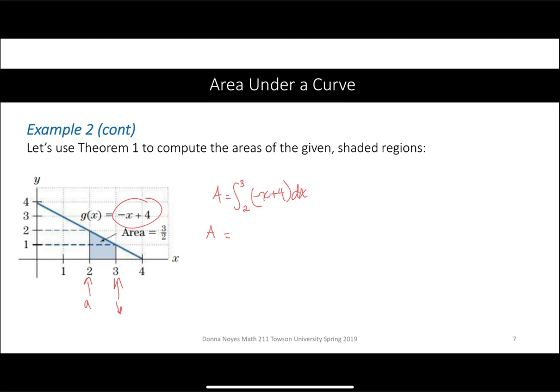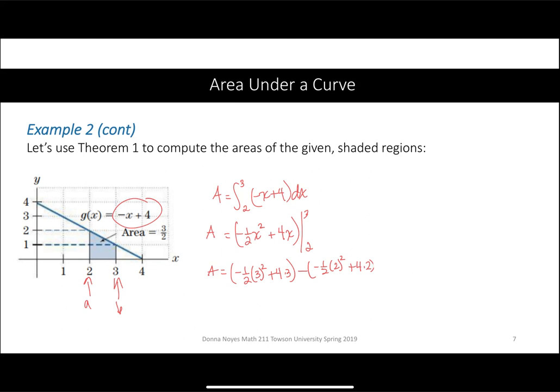Well, negative x came from a negative 1/2 x squared, and 4 came from a 4x, and we want to evaluate that new function from x equals 2 to x equals 3. So we end up with negative 1/2 times 3 squared plus 4 times 3 minus negative 1/2 times 2 squared plus 4 times 2.